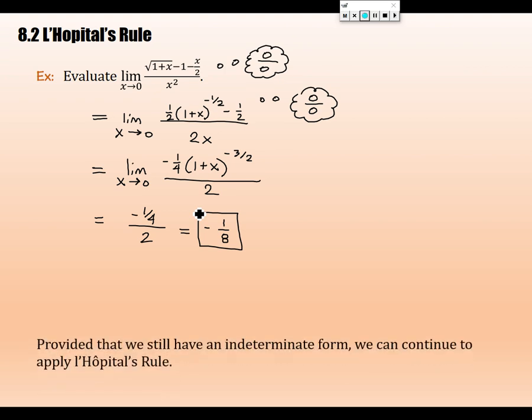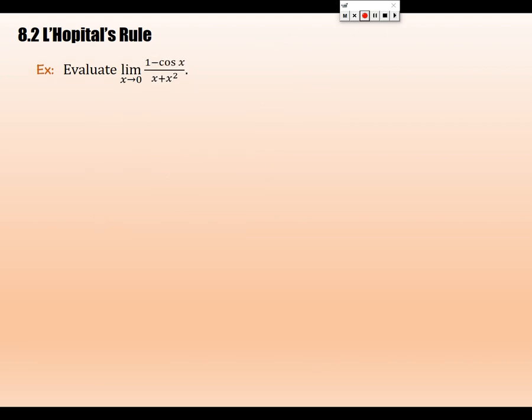I think it's important that we underscore that this is allowed, provided that we still have an indeterminate form. We can keep doing this, provided that we still keep having an indeterminate form. Again, first, verify that it is even indeterminate at all.